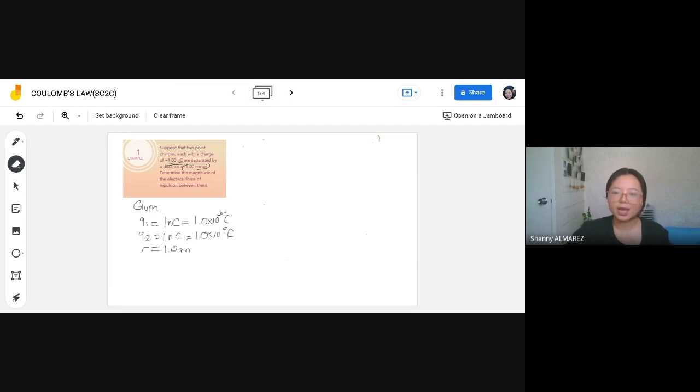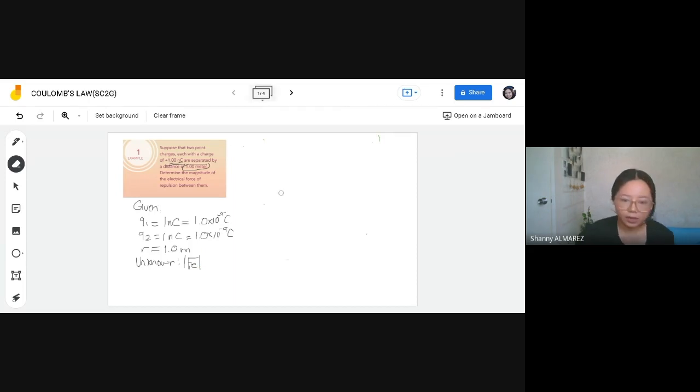Next is, let's have the unknown. Ano ba yung sinosolve natin dito? What are we looking for? It says here that it should be the magnitude of the electric force. So that's right, the magnitude of electric force. So Fe, yan, magnitude ng electric force natin.